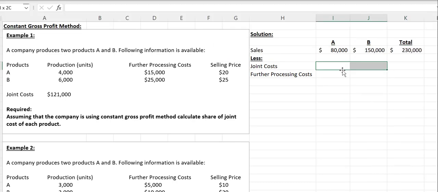I'll just leave these cells empty for the time being, and I'll just come to this total column first, and I'll just write the total joint cost, which is 121,000. Obviously we have to split joint cost between these two products, but not doing it at the moment.